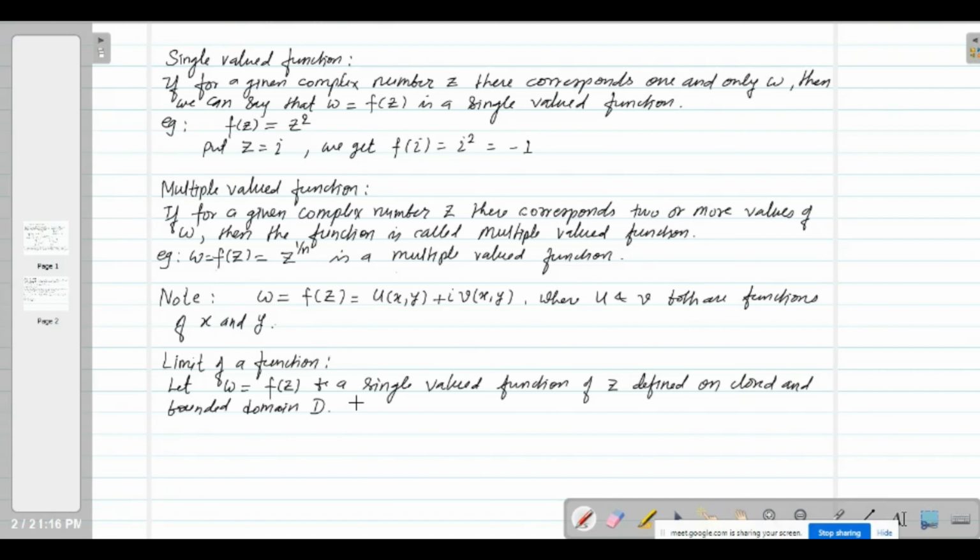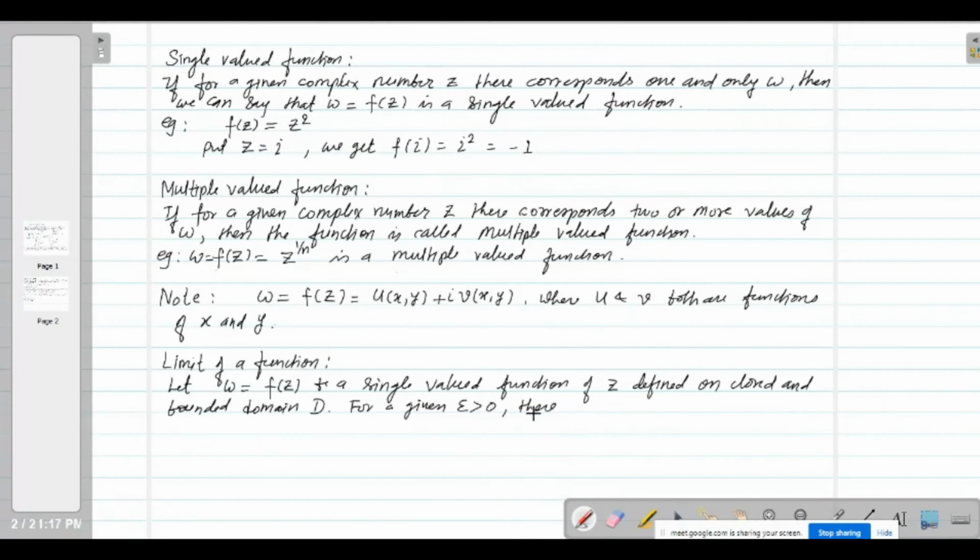And for a given epsilon greater than 0, see here epsilon may be very small, but it is greater than 0.